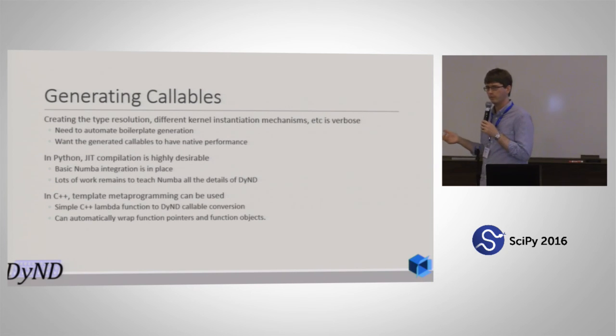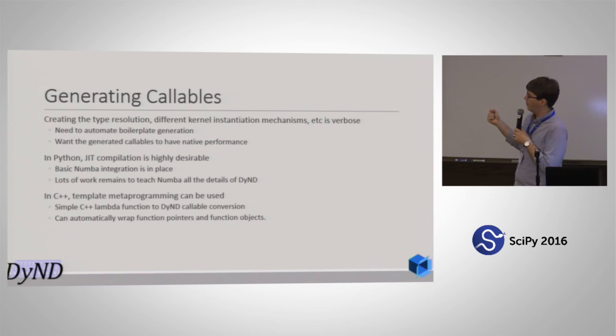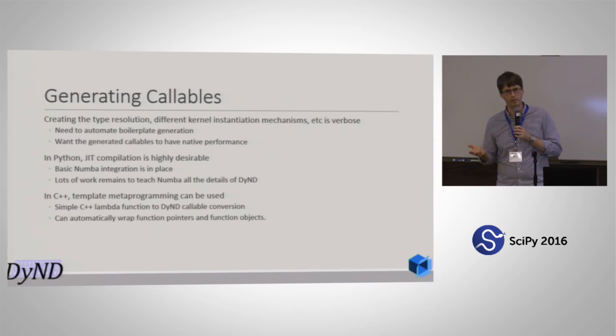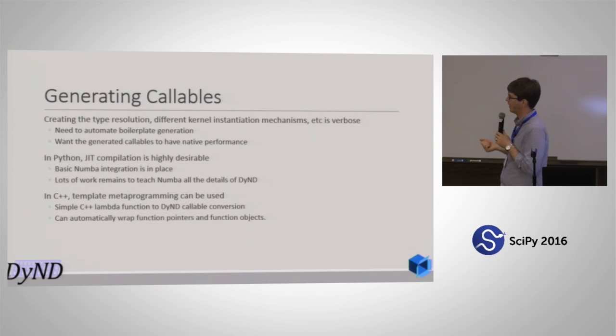So generating callables from these different languages is another thing. In Python, in NumPy, there's numpy.vectorize, which takes your Python function and applies it in a broadcasting way. It's really slow because it's executing everything in the CPython interpreter. We could do the same thing, but that's not going to get you what you want out of it. So we basically need to integrate with various JIT systems, and we've done some basic JIT integration with Numba.